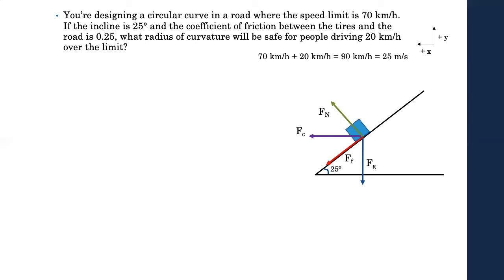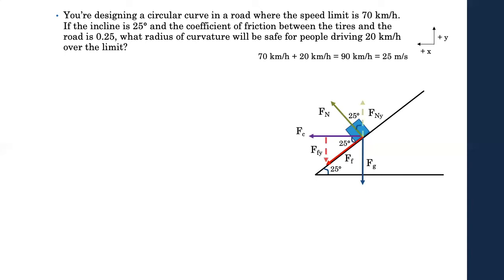I'm asking you what radius of curvature will be safe for people driving. And what does it mean to be safe while you're driving? It means that the car is not sliding in any direction. So we're going to try to balance these forces to ensure that the car, represented by the black there, is not moving in any direction except along the road.